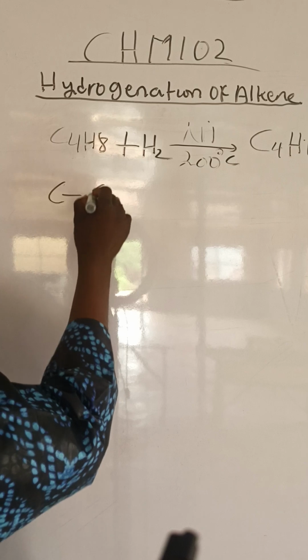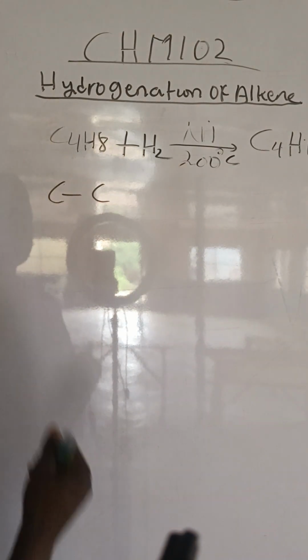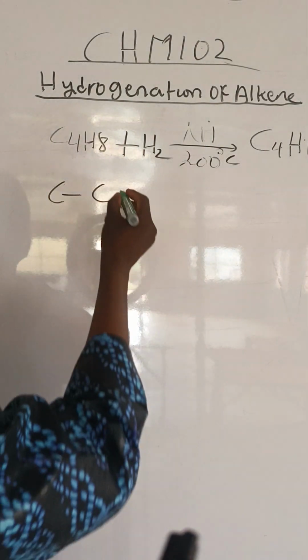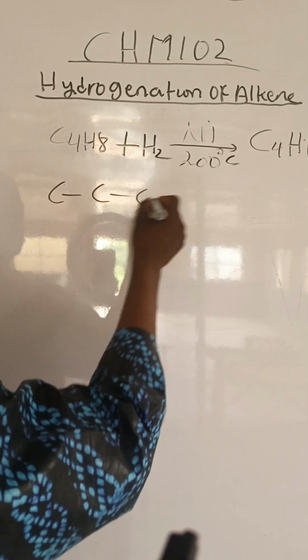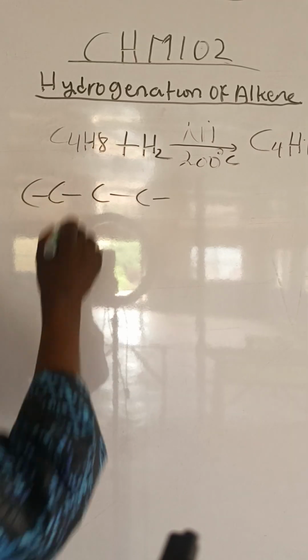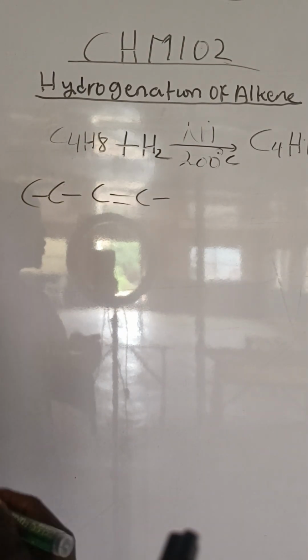If I want to draw the structure of butene, I have to consider 4 carbon atoms. Now look at it very well. You can see that we have 4 carbon atoms, and you have to put a double bond because we are dealing with the structure of butene.